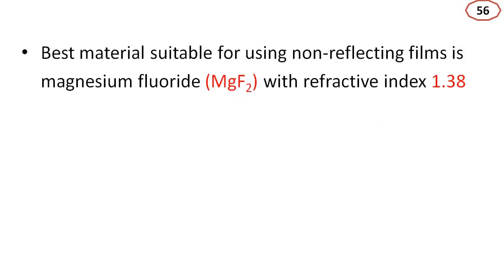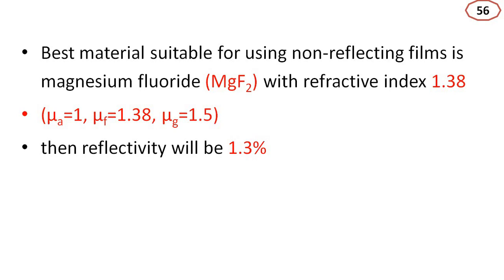The best material suitable for using non-reflective film is magnesium fluoride, MgF2, with a refractive index 1.38. So we have the value of mu a equal to 1, mu f equal to 1.38, mu g equal to 1.5. Now we have the equation for the reflectivity. Substituting in the equation of reflectivity, we will get the value as 1.3%.